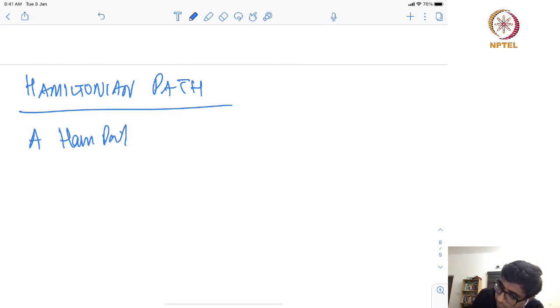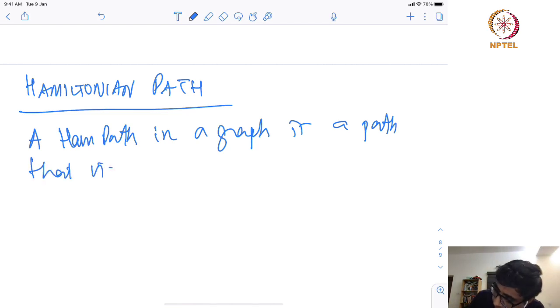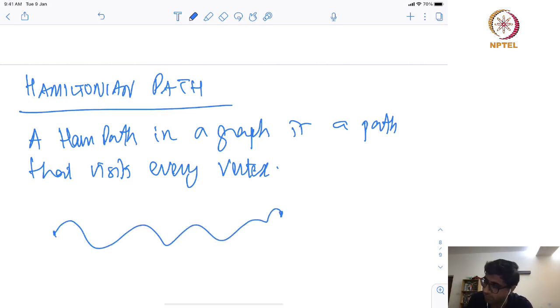So, what is a Hamiltonian path? A Ham path in a graph is a path that visits every vertex. That is the important point. So, it is basically a path that visits every vertex.